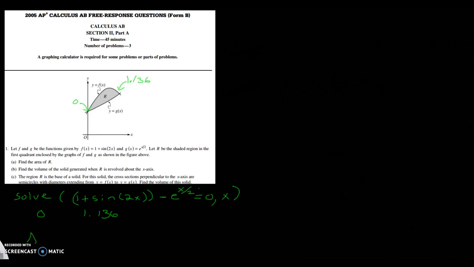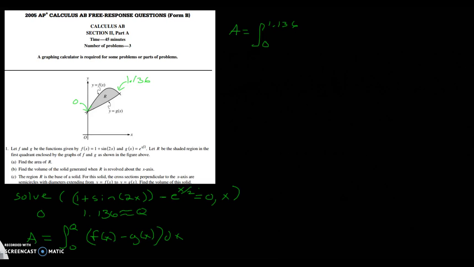So now, when you write the area, you write A equals the integral from 0 to 1.136, or if you call this some arbitrary value like Q, it really doesn't matter, and then you would do f of x minus g of x dx. The area is going to equal the integral from 0 to 1.136.